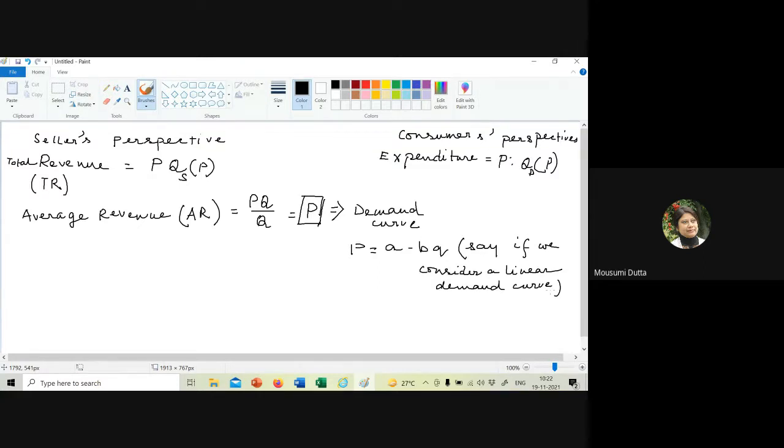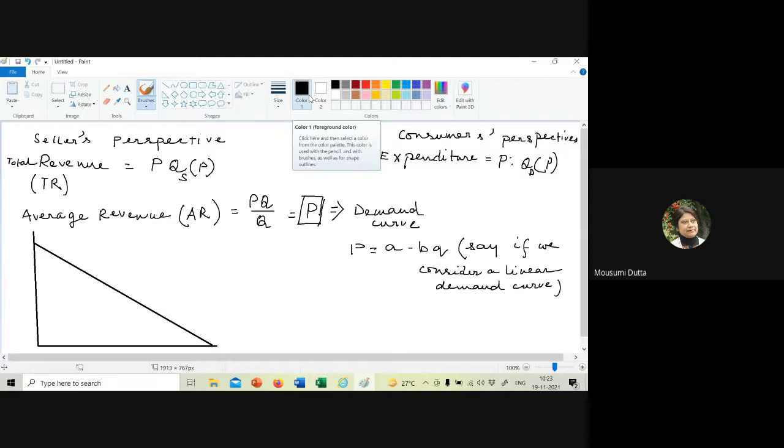Average revenue, which is P, is nothing but the demand curve, that is, the line P equals A minus BQ. So from the producer's perspective, if I look at the demand curve, this demand curve is nothing but the average revenue curve.